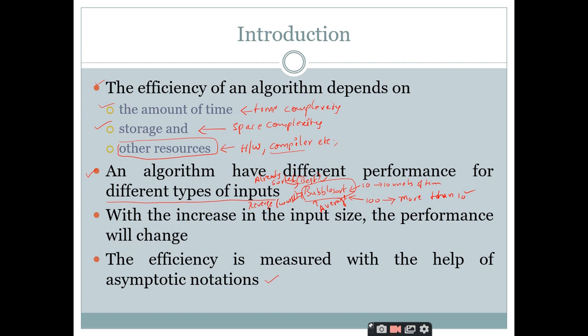So in such cases you have to measure the efficiency of the algorithm using these asymptotic notations. Is it clear up to this point?